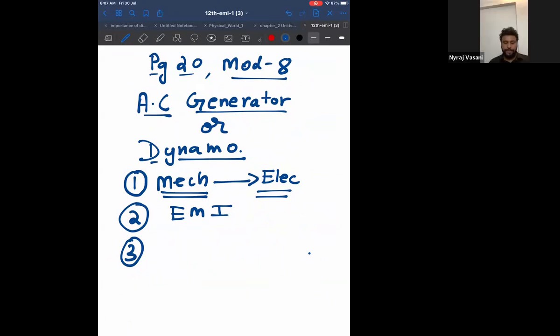Third point, the maximum EMF generated by AC generator is, write down the formula, NAB omega or NBA omega, however you want to write it. The maximum EMF generated is E naught is equal to NAB omega.